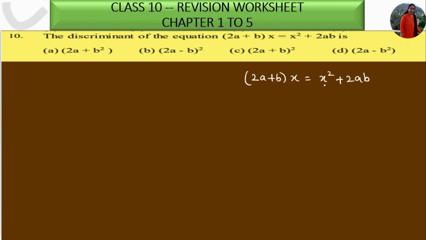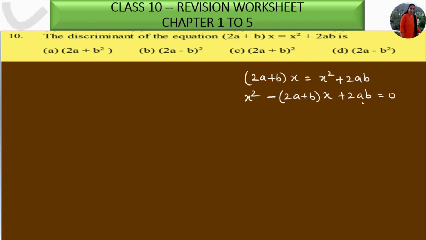So we have x square here. I am going to take this x term to the right hand side. So it will become x square minus (2a plus b) into x plus 2ab equal to 0. So I just kept the right hand side as such, and I took the left hand side to the right hand side, so the left hand side term will become negative.